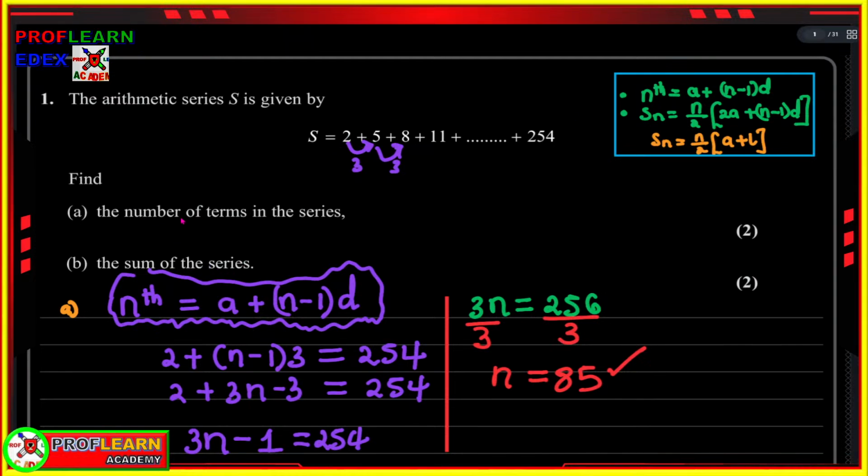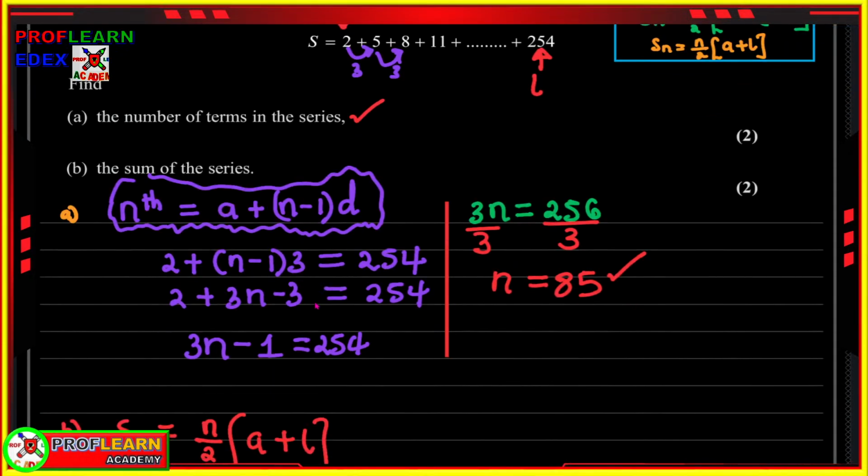If we are finding the number of terms in this series, this is going to be our last term, and this is our first term. So if you find the value of n for term 254, you are going to get the number of terms in this series. That's why I said the nth term is a plus n minus 1 into d. If you work it out, you get 85 terms.